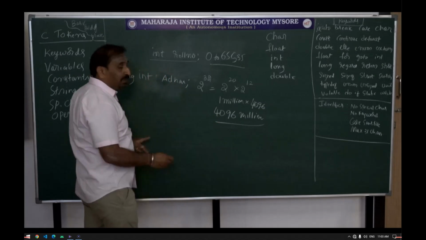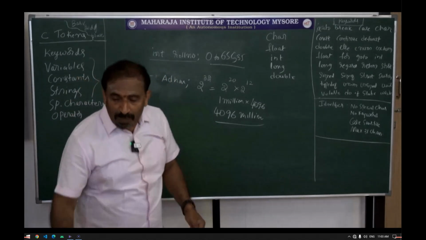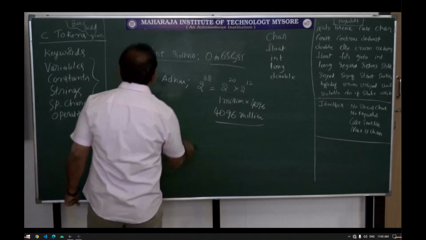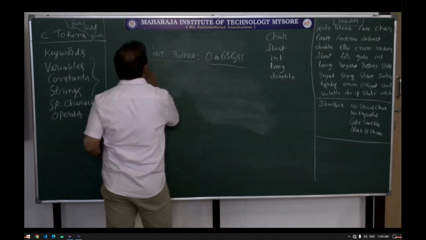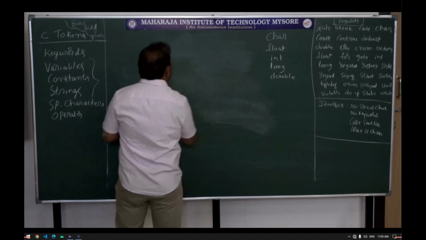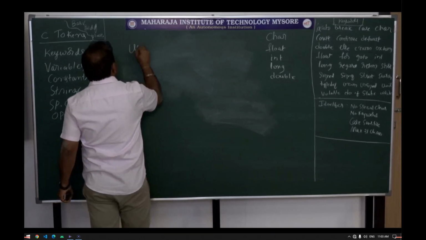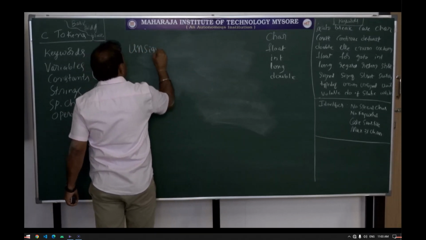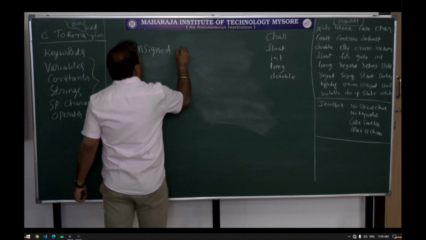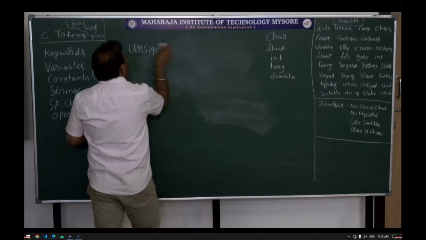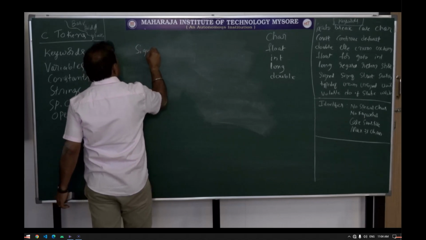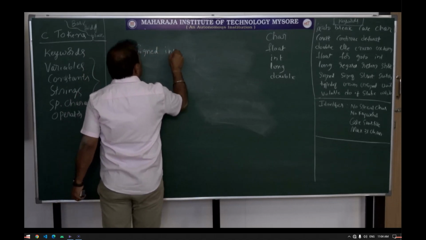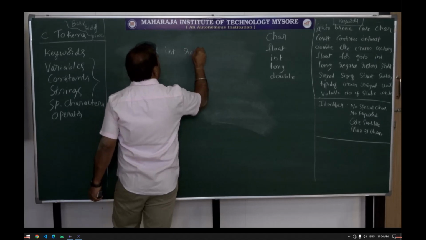See, there is one more possibility. What is that? If I consider this one as unsigned, unsigned is the default, okay. Now signed int roll number.